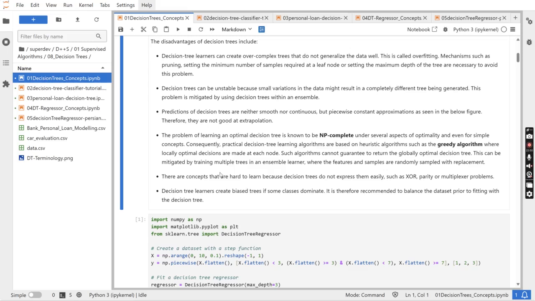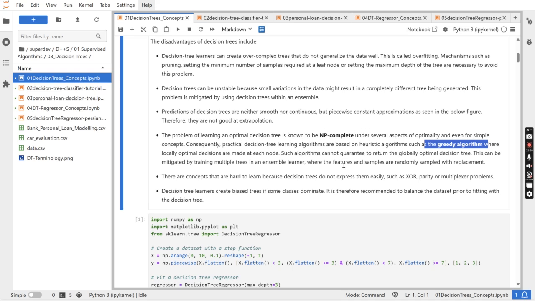And there is another problem apart from this. The problem of learning an optimal decision tree, the best decision tree with a smaller depth that still arrives at the solution, is called NP complete. To solve this NP complete problem, you have to use greedy algorithms.